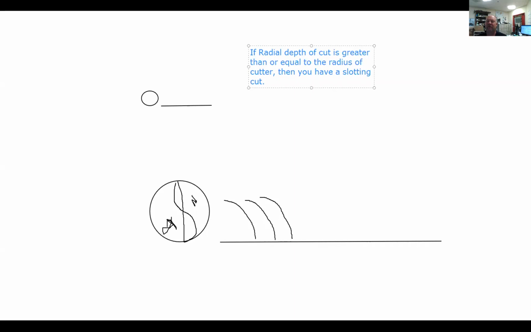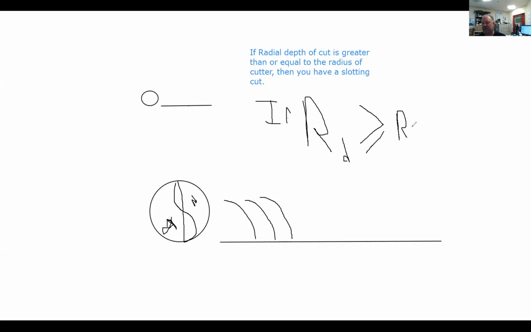And I usually, let me try to just draw it for you. I like to draw it like this on the board when we're in class. If R sub D is greater than or equal to radius, then, I use my 3 dots, then slotting.